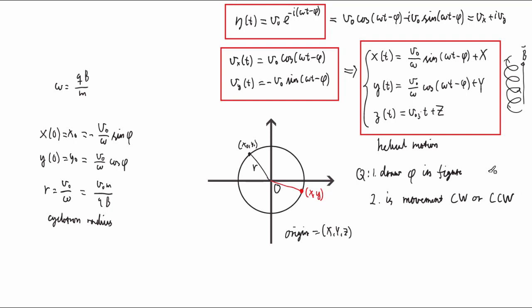Now we must make note, of course, that omega here is proportional to B, so the answer actually depends on the sign of B, because that changes the sign of omega. So we're going to assume here that the magnetic field is greater than 0. Those are the two questions I have for you, and we will discuss the answers in class.